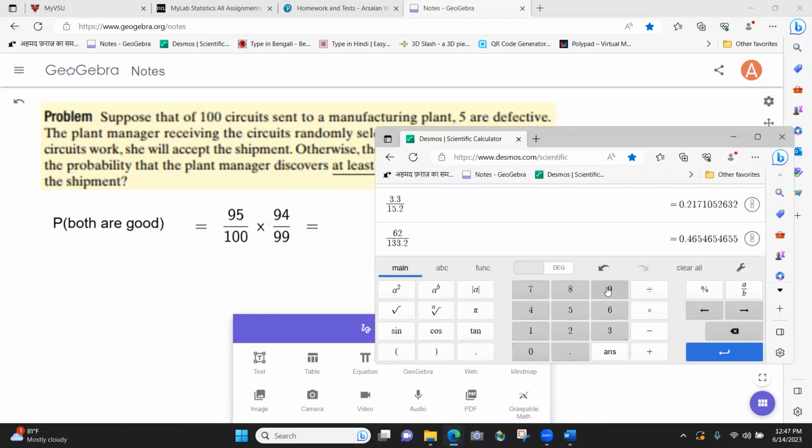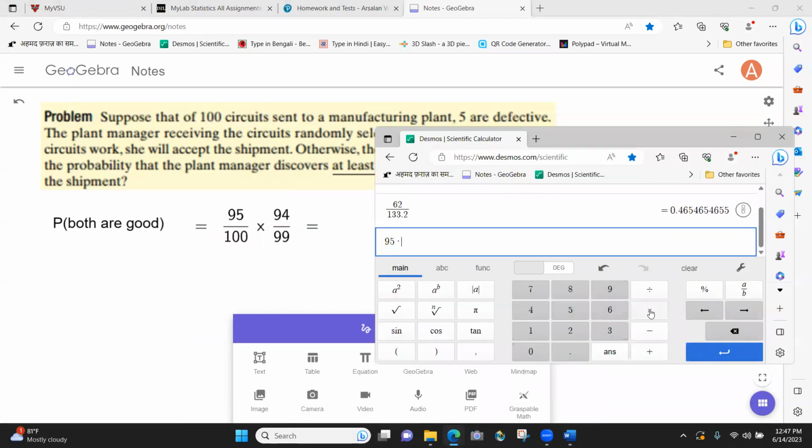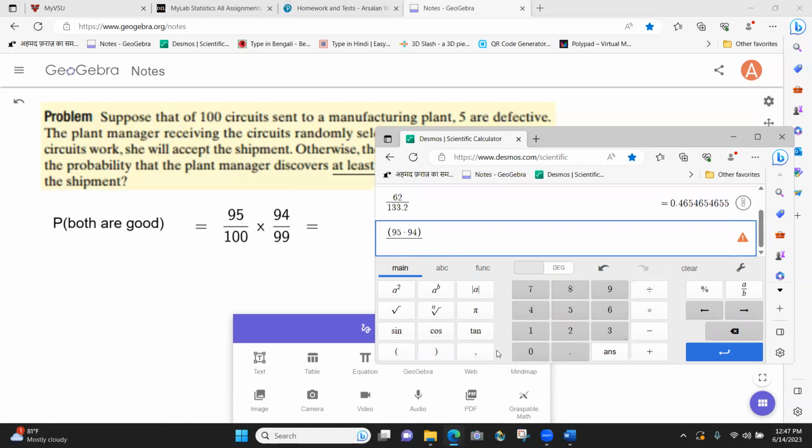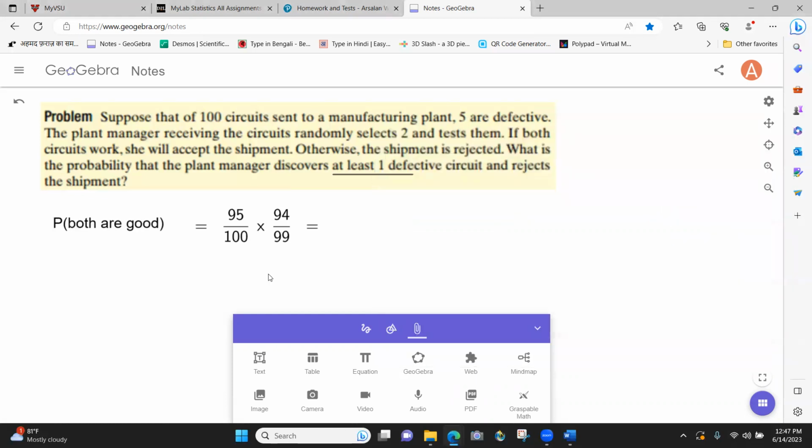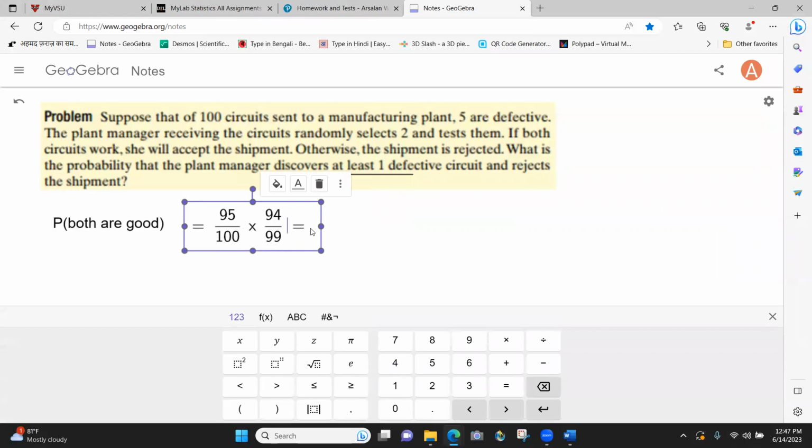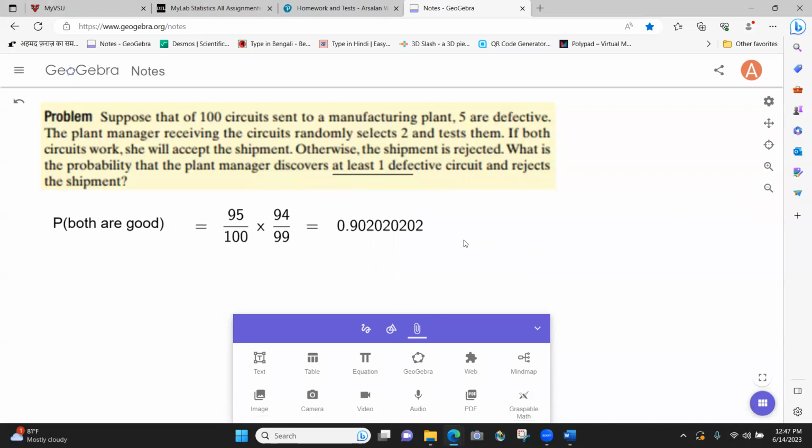I'm going to say 95 times 94 divided by 100 times 99, which gives 0.90. So that's the probability that both circuits are good.